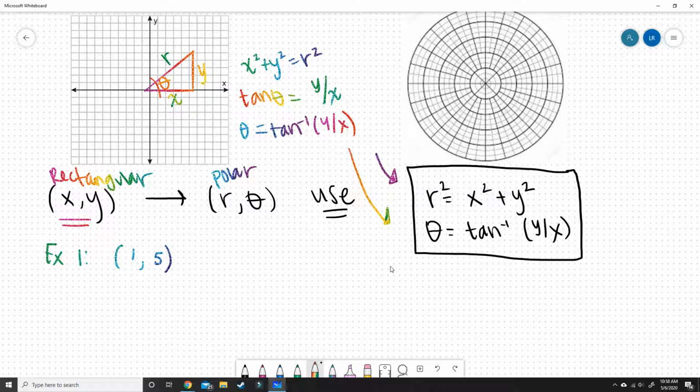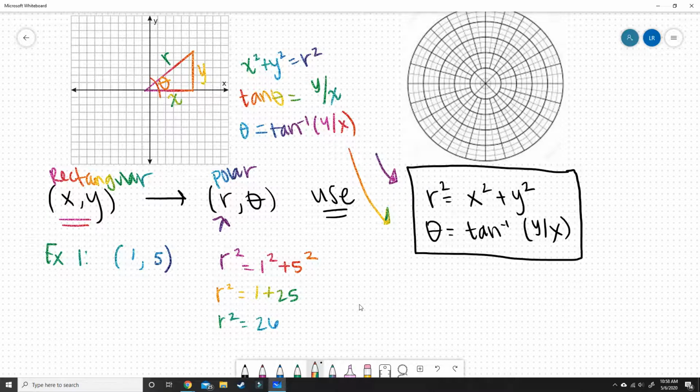So this one isn't going to be super pretty because that is not a Pythagorean triple, but we can still use all of this same information. And so the first thing that we want to do is figure out what is r. So r squared equals 1 squared plus 5 squared. So r squared equals 1 plus 25. So r squared is 26.